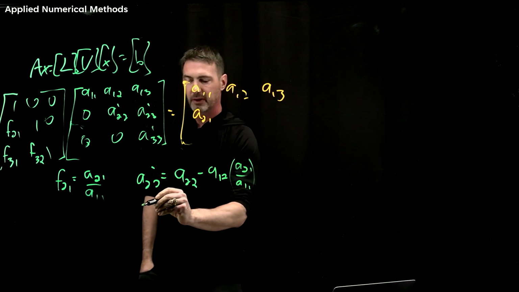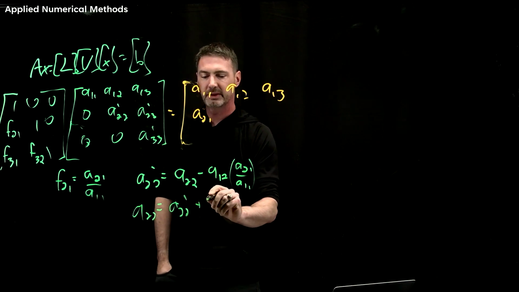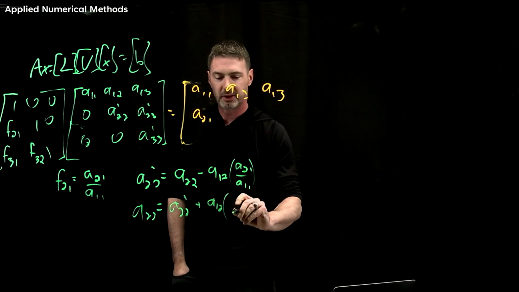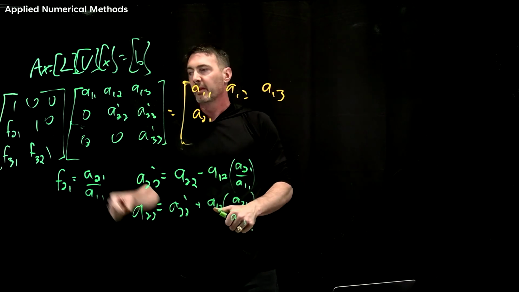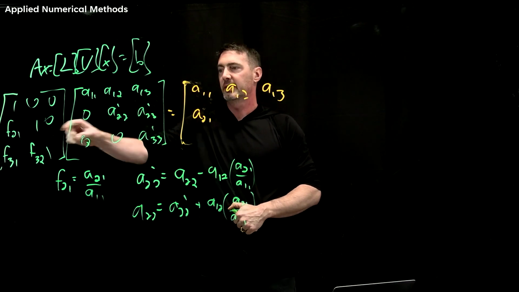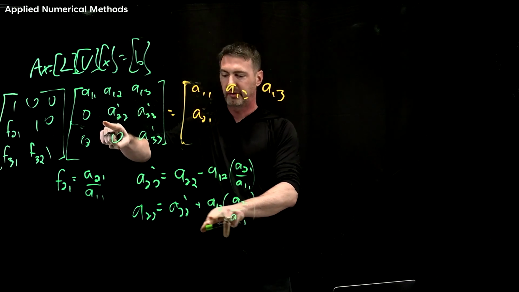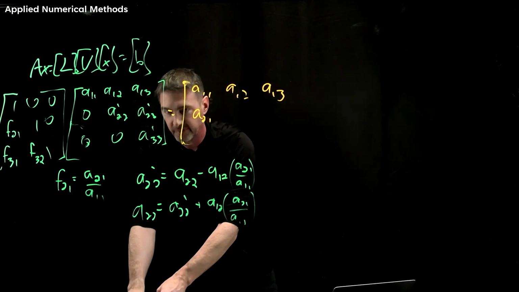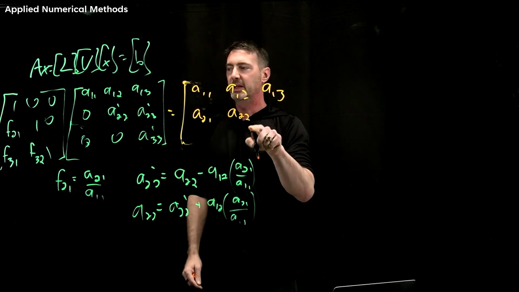So if you solve for A22, that's A22 prime plus A12 times A21 over A11. All right, so if you do this rote multiplication, F21 times A12, well, that's that, plus the new one. See, that actually fully undoes it. So this is indeed A22.